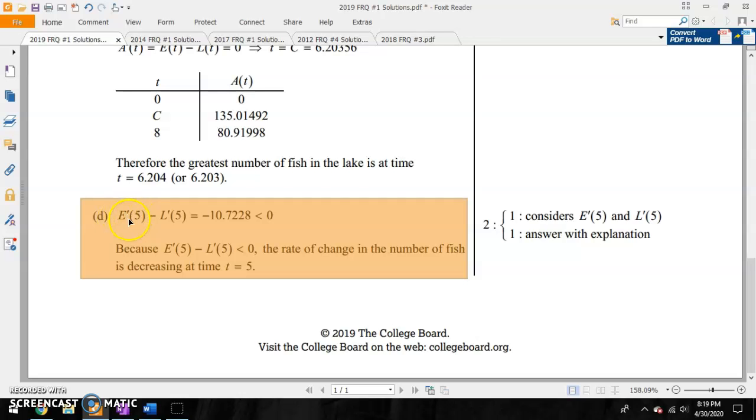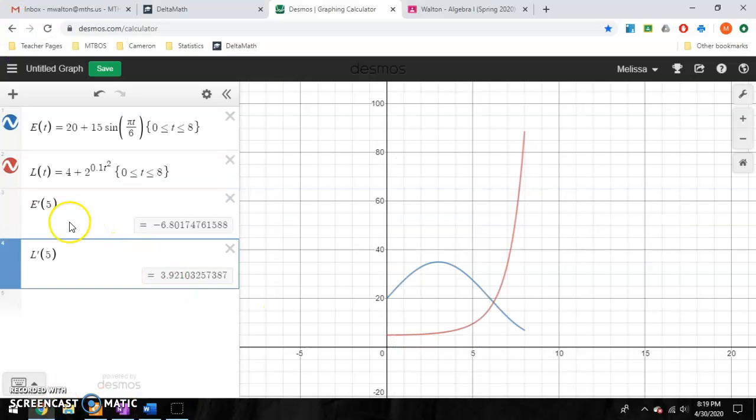Because the rate at which they're entering minus the rate at which they're leaving is negative, you could have directly compared those two and said, this is smaller than this. Because this is negative, the rate of change is decreasing. So yes, there are more fish entering than leaving at this time, but notice that gap is narrowing. That rate of change is decreasing.